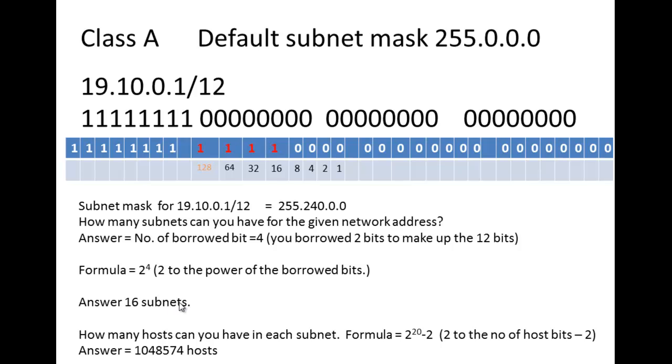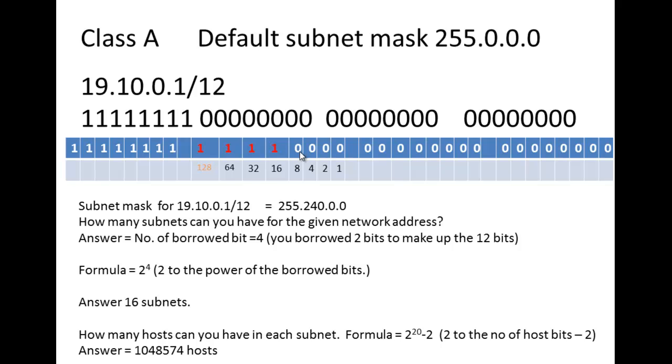Then we have to calculate how many hosts we can have on each subnet. And the formula for that would be 2 to the power of the number of host bits that remain, minus 2. So if you calculate that, 2 to the power of 20, because there are 20 host bits remaining.